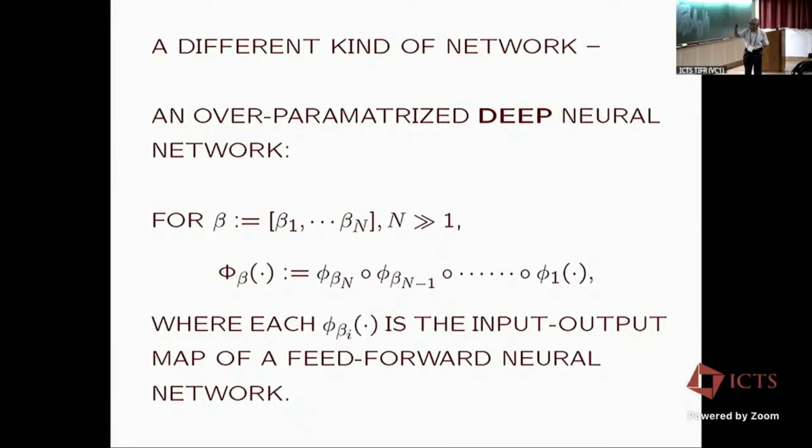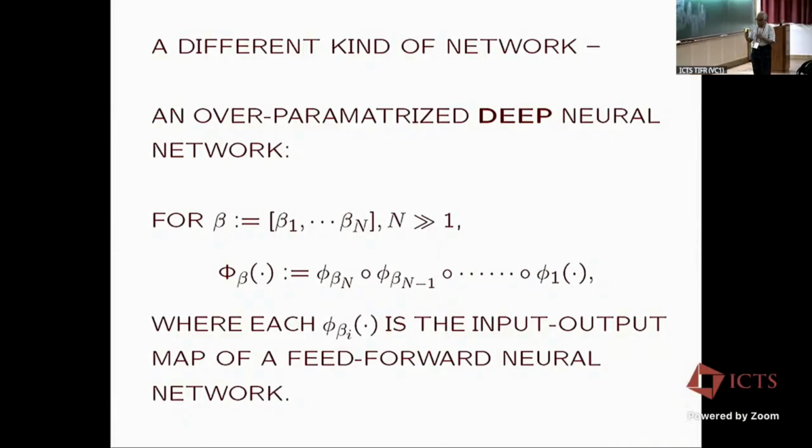So, capital P is my deep neural network. It's a composition of several maps. So phi sub i denotes one input-output map corresponding to the ith network. Okay, that's a typo already. It should have been beta 1. This beta is a parameter.